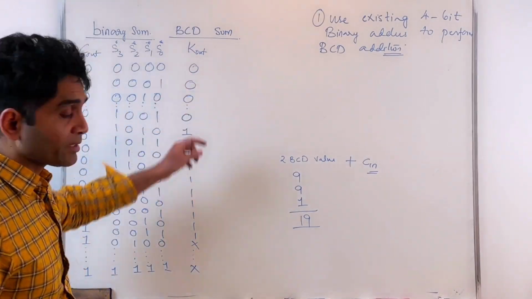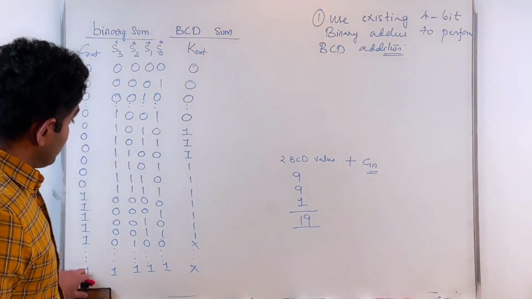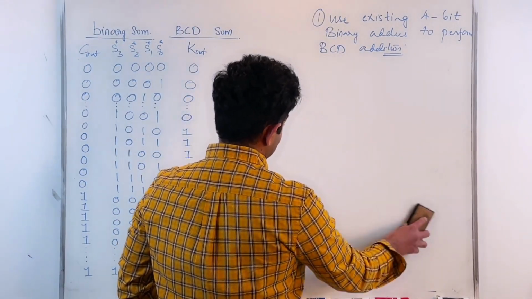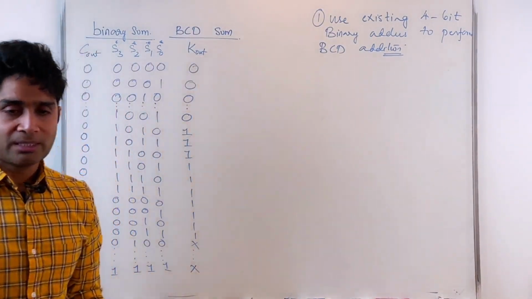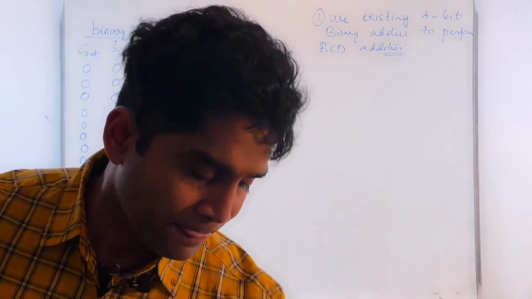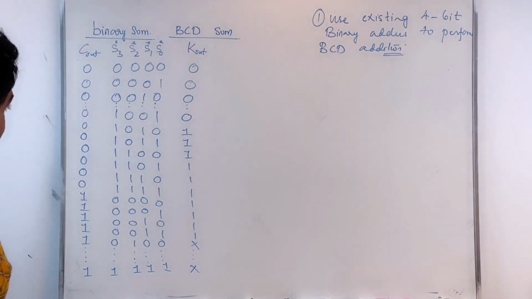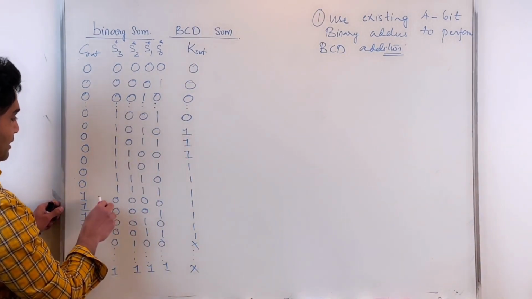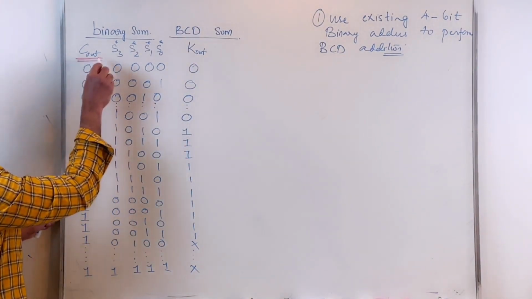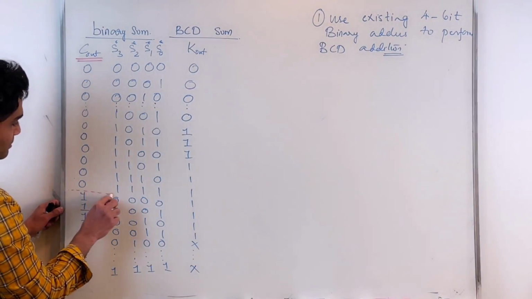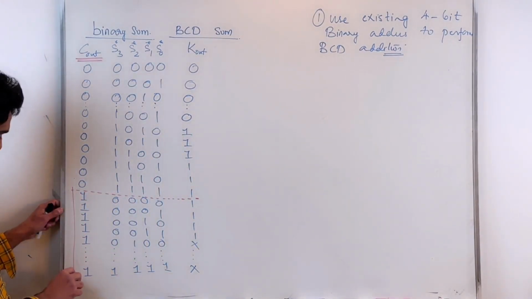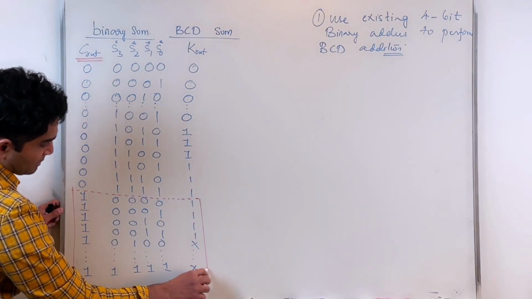Now I need to design what K out is. Now I could do a 5 input K map. I don't want to do that. Let me see if I can do it just through logic. I can see that my K out is definitely 1 when my C out is 1. Do you see this? As long as my C out is 1, my K out is 1.